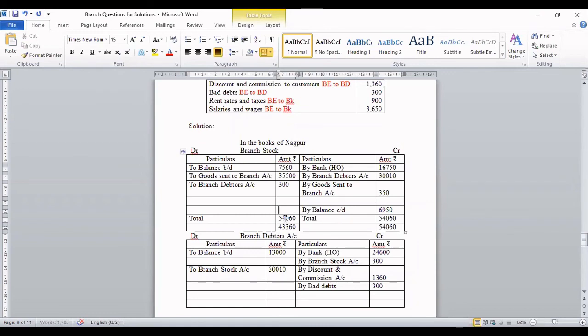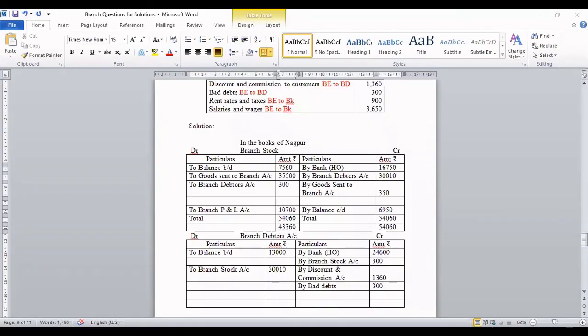The difference is 10,700. This will go to which account? Branch PNL account. Amount 10,700.